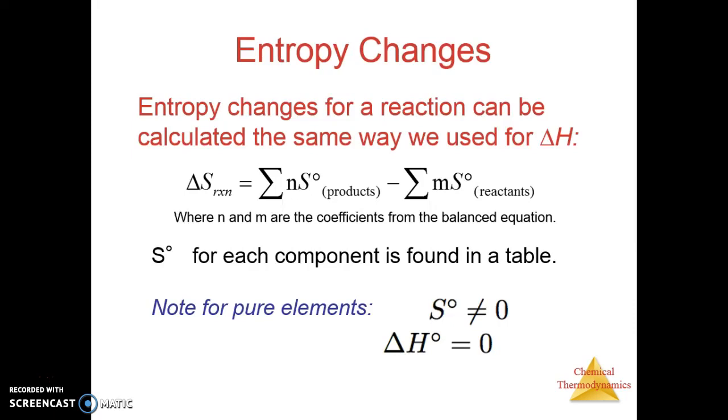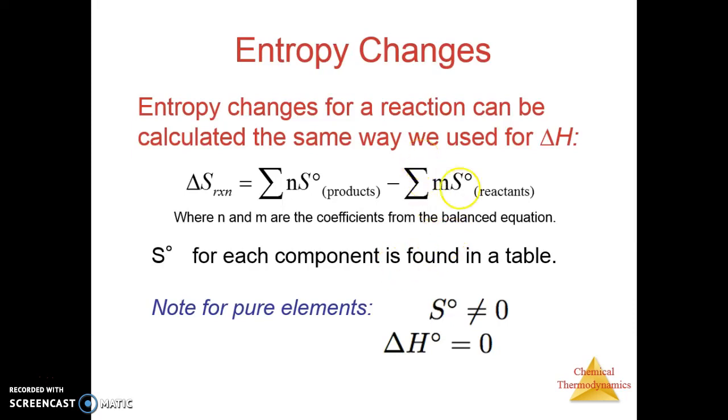So we can figure out entropy changes for a reaction very similar to the way we figured out enthalpy changes for a reaction. The change in entropy is equal to the sum of the entropies of the products minus the sum of the entropies of the reactants. Entropy is a positive, so if we're looking at the entropy of a product, that's a positive value.